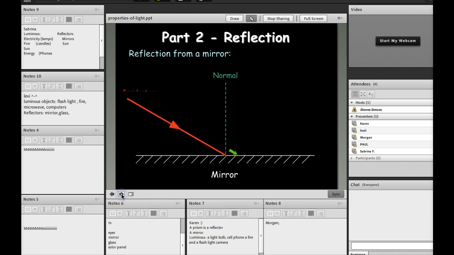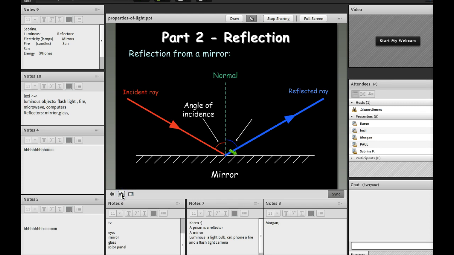So we have some light coming in. This is called the incident ray. And then we have light going out, or being reflected, and that's the reflected ray. The angle that this incident ray makes with the normal line, that line that's perpendicular, is called the angle of incidence.